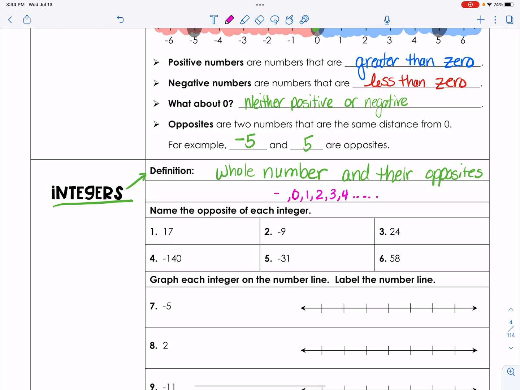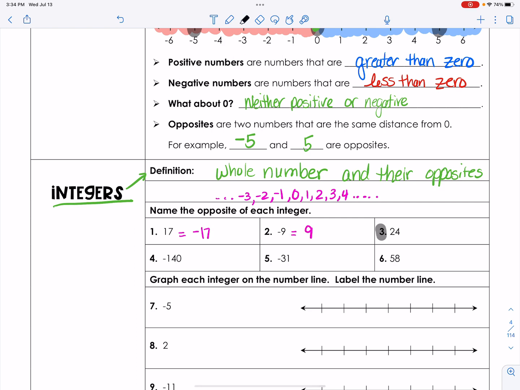If I do their opposites, then it would be all of these. So that is what an integer is: it's all of your whole numbers and their opposites. Understanding the opposite, the same distance, is really important. So the opposite of 17 is -17. The opposite of -9 is +9.